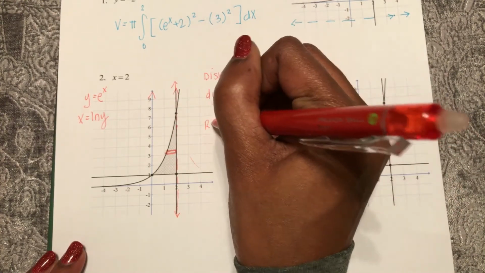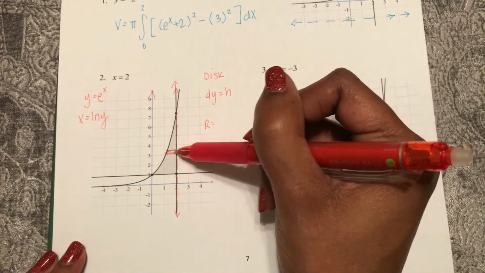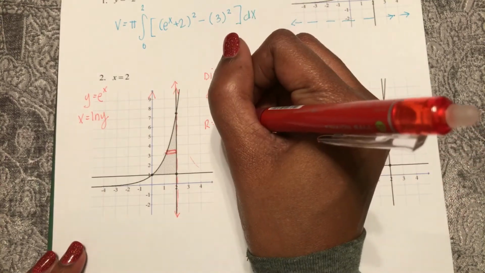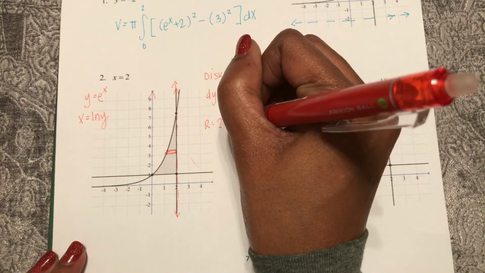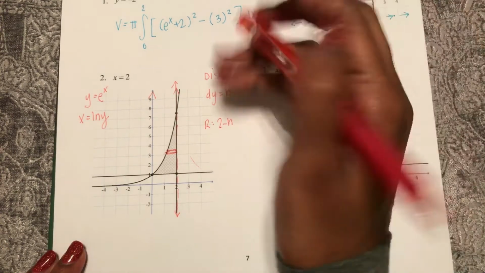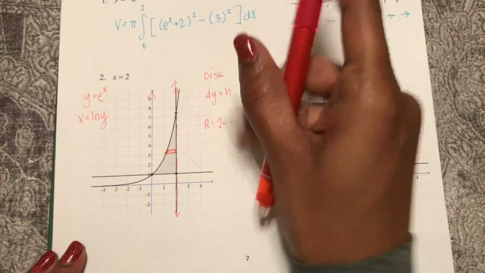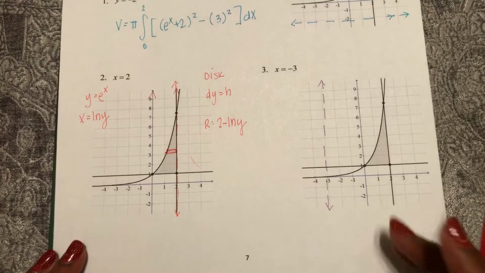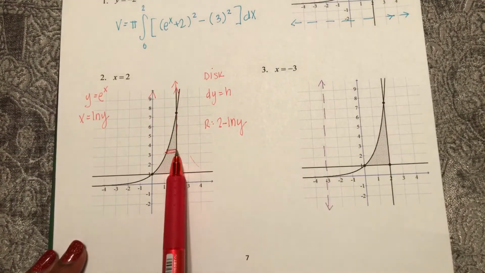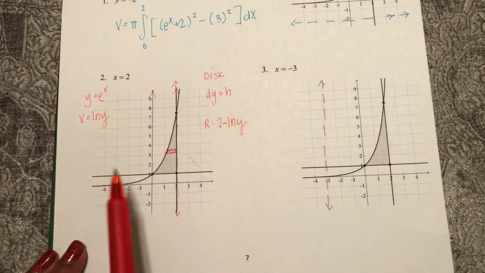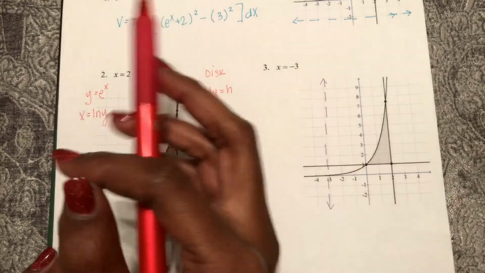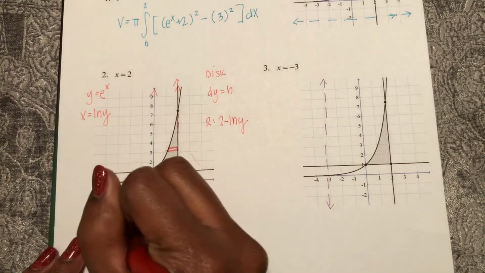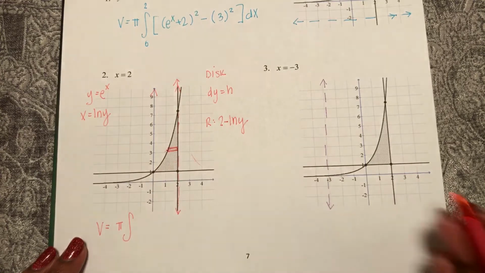So our only radius, right minus left, is going to be 2 subtracting ln y. So be careful, when you set up your radius, it should always be right minus left or upper minus lower.